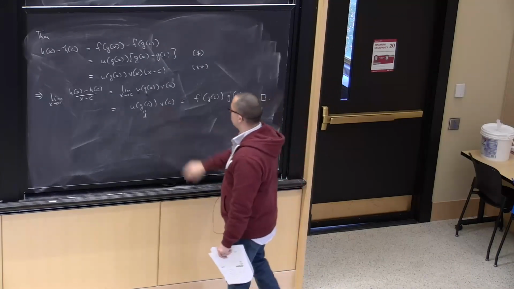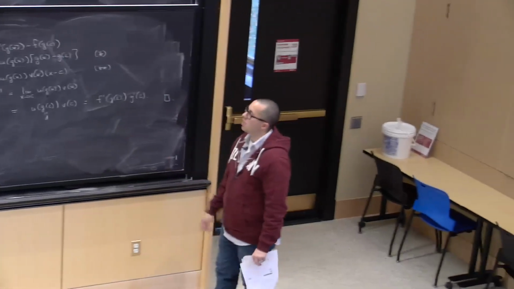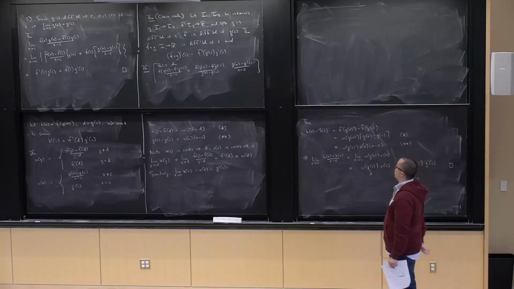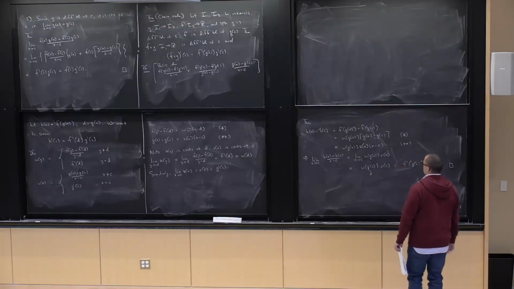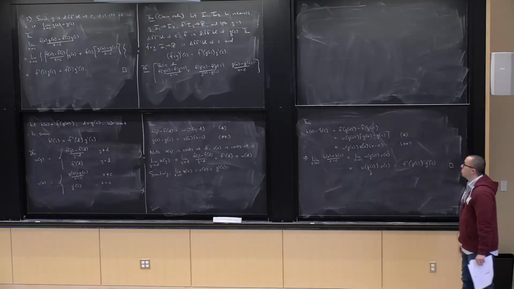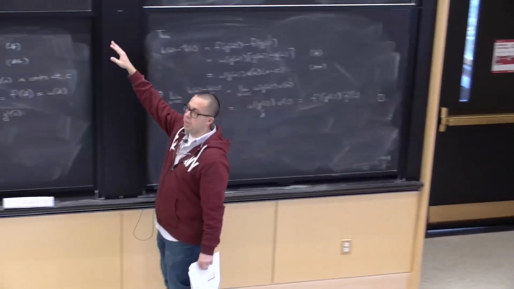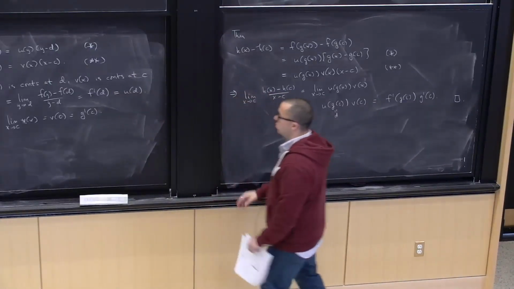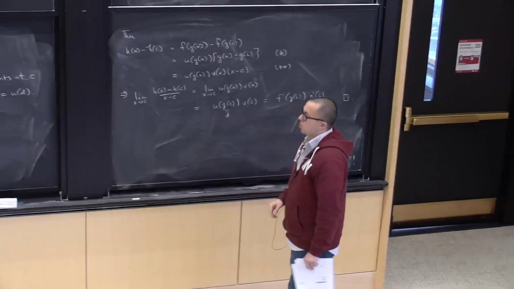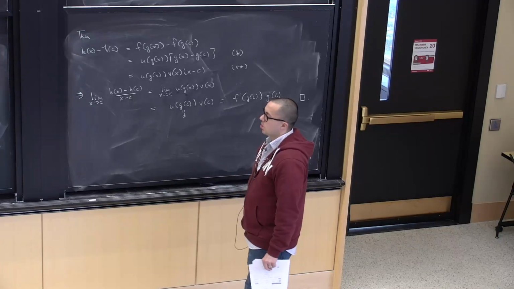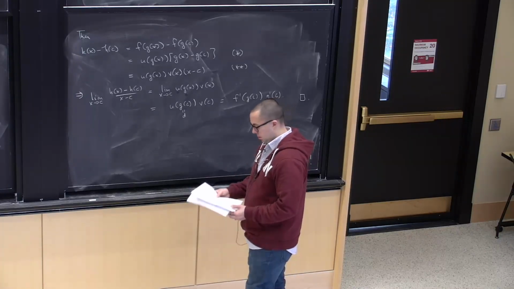But again, the whole basic idea was to be able to write the difference quotient as a product of what looks like the difference quotient of f times the difference quotient of g, but you have to be careful because g of x could equal g of c, in which case you're dividing by 0 in the basic idea we had up there, which is not allowed. But you get around it by using these functions which equal what you want as long as you're not dividing by 0, basically.